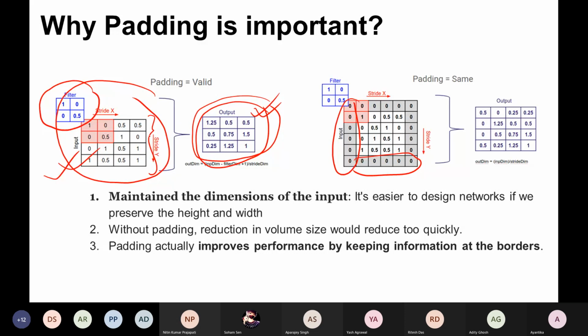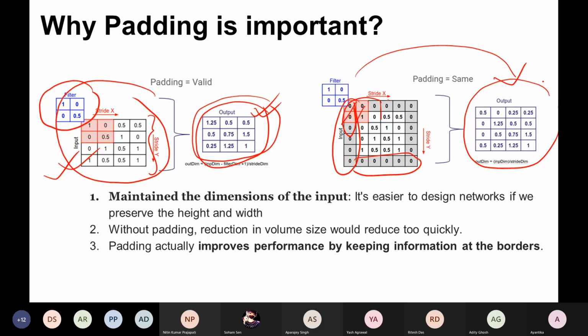When you add this padding here, consider this part, and then complete the filter-based multiplication, you get this output. It is retaining the previous dimension values, the height and width. That way, it maintains the dimension.